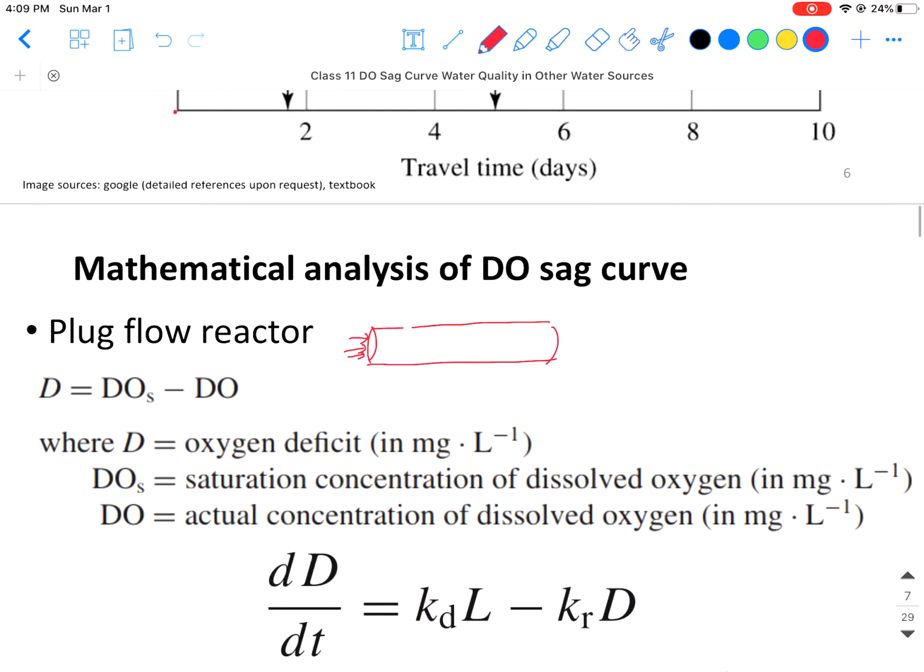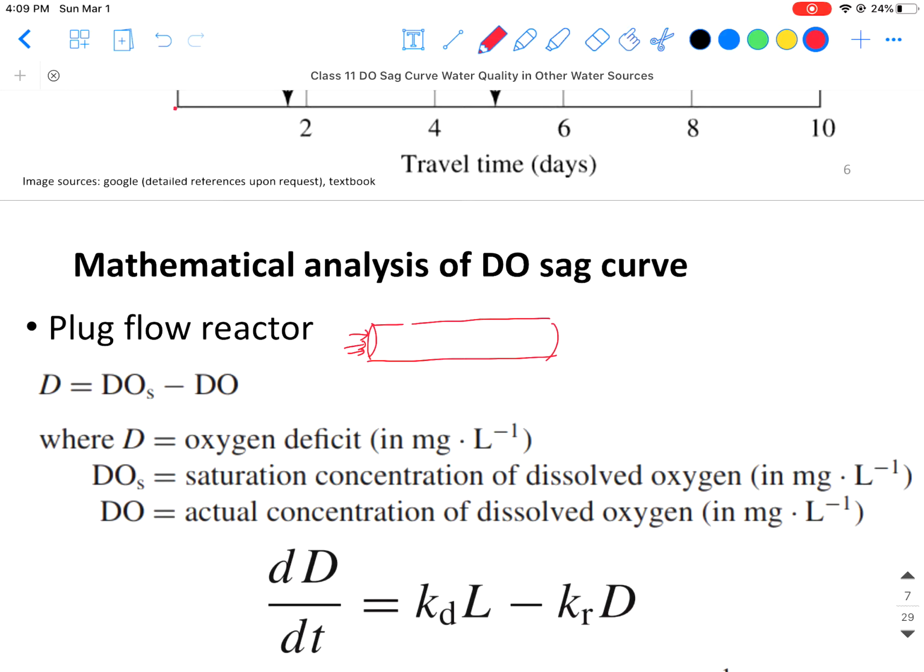So now we can try to build up an equation that's describing this thin slice. Let's say that we decide to choose this slice, which is at location x to x plus delta x. Okay, and we're trying to build a relationship based on the oxygen deficit.